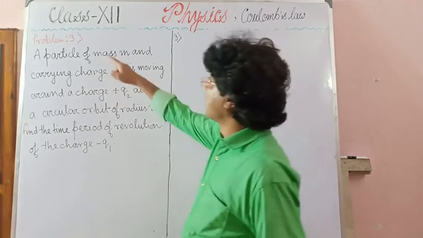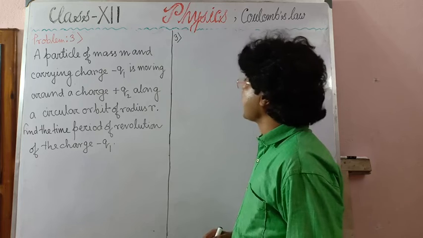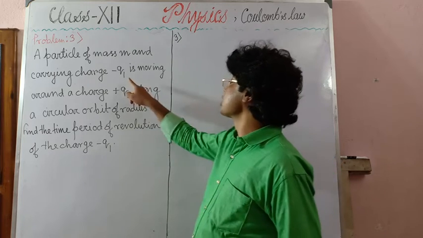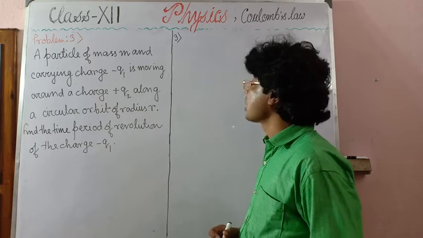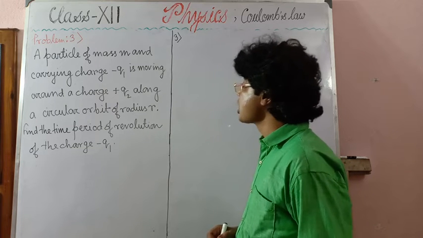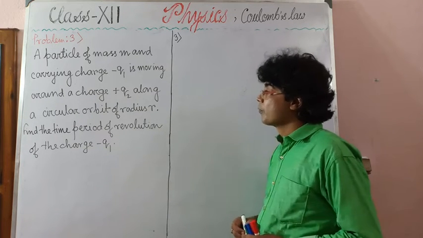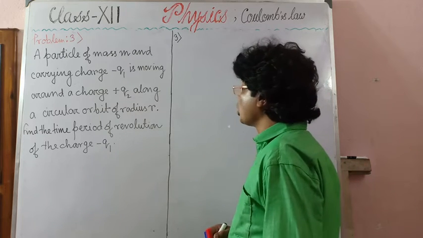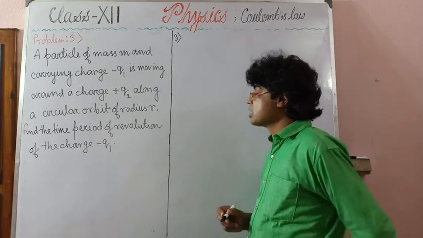Now problem number 3. A particle of mass m and carrying charge minus q1 is moving around a charge plus q2 along a circular orbit of radius r. Find the time period of revolution of the charge minus q1.